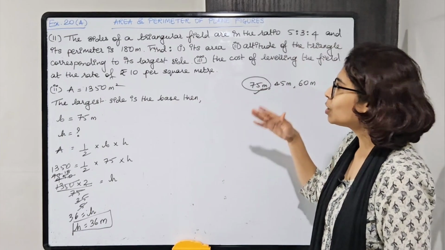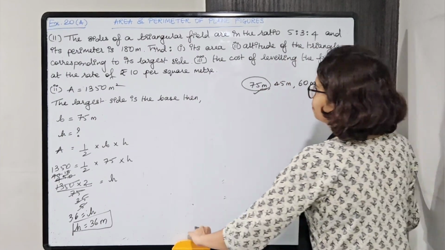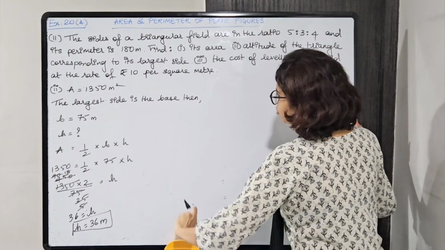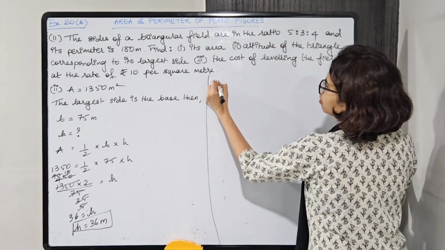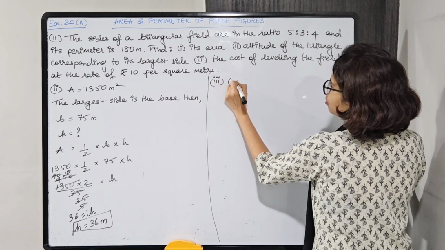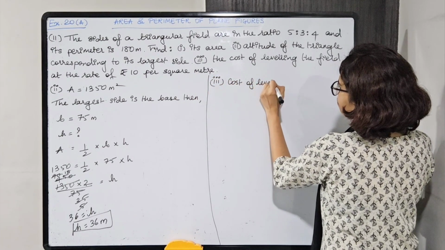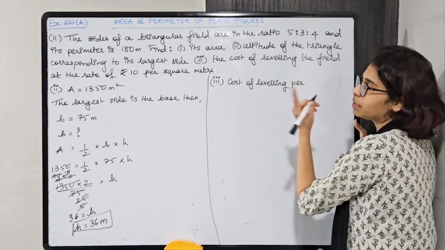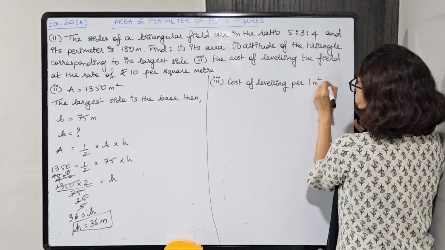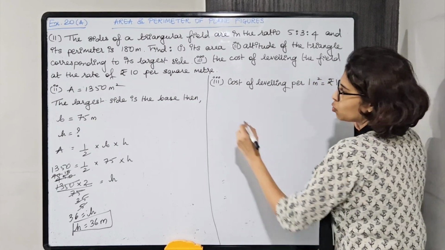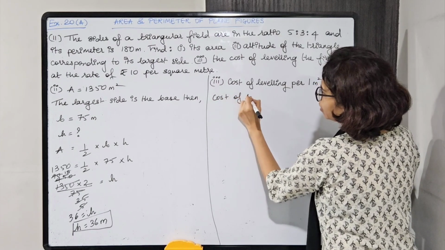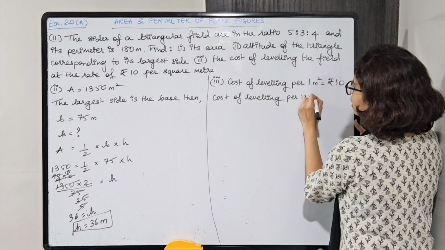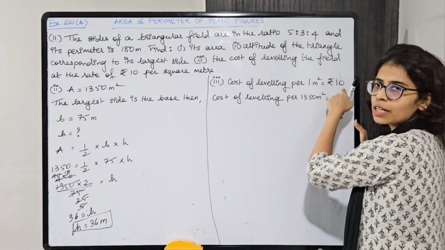ओके, नाउ कमिंग टू द थर्ड पार्ट. थर्ड पार्ट भी बहुत ईजी है. कॉस्ट फाइंड आउट करना है. सो यूनिटरी मेथड स्टूडेंट्स, कॉस्ट ऑफ लेवलिंग पर स्क्वायर मीटर कितना है, पर 1 स्क्वायर मीटर कितना है, ₹10. सो कॉस्ट ऑफ लेवलिंग पर 1350 स्क्वायर मीटर क्या हो जाएगा, मल्टीप्लाई विथ 10.